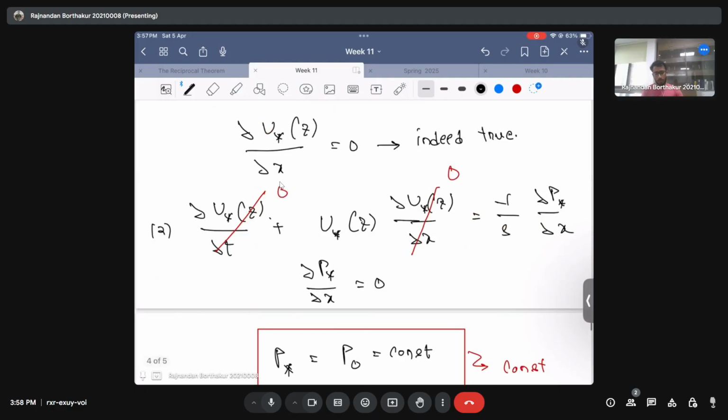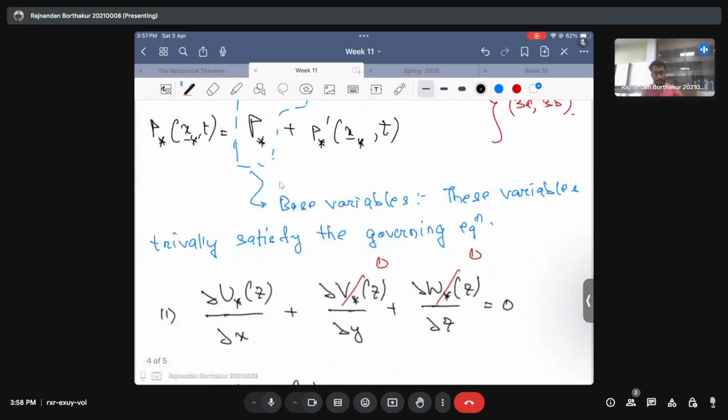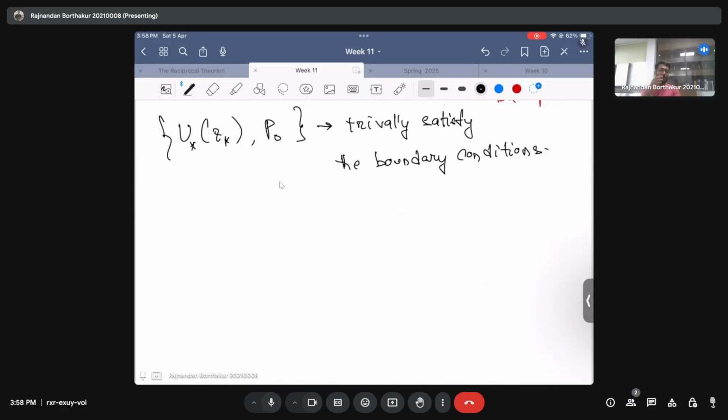Once we know this, the next objective is to find out what the governing equations are for the perturbation, that is the dash variables.